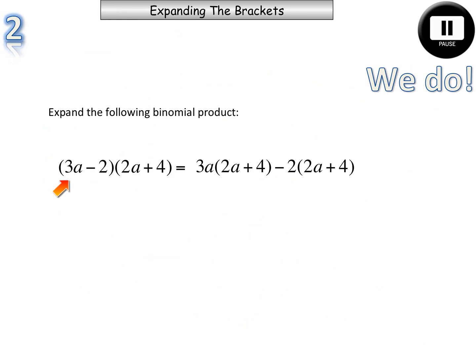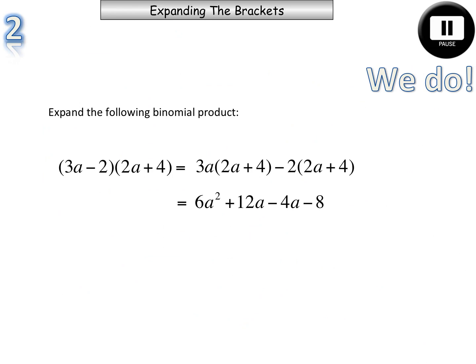Okay, so you should get 3a multiplied by the second set of brackets, minus 2 multiplied by the second set of brackets. Then we do 3a times 2a, 3a times positive 4, negative 2 times 2a, and then negative 2 times positive 4.